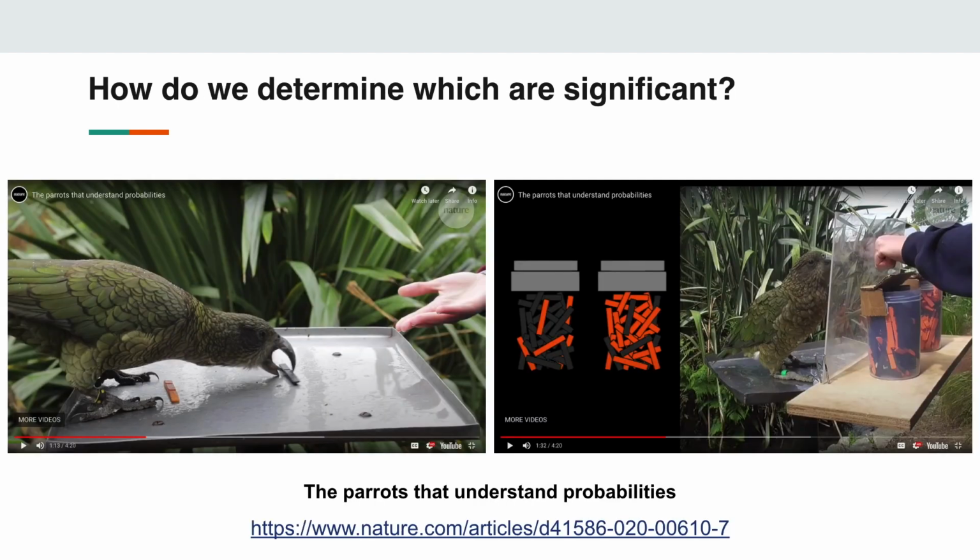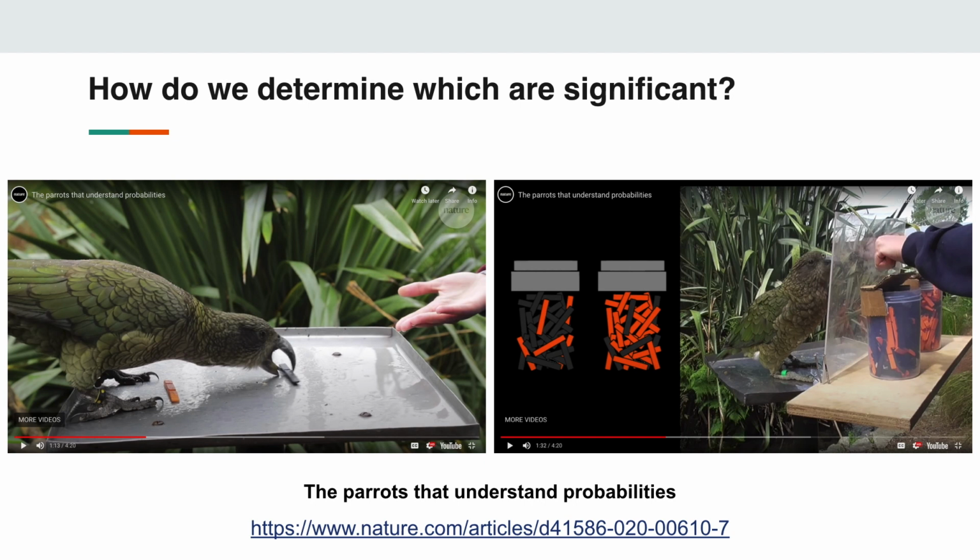And to answer such a question, I want to first introduce this very cool experiment that I've just recently heard about, where they determined that these Kea parrots from Australia actually understand probabilities. So, what they do with these parrots is they train them to understand that only the black tokens will be exchanged for food. So, the parrot knows that an orange token is meaningless to its feeding time.